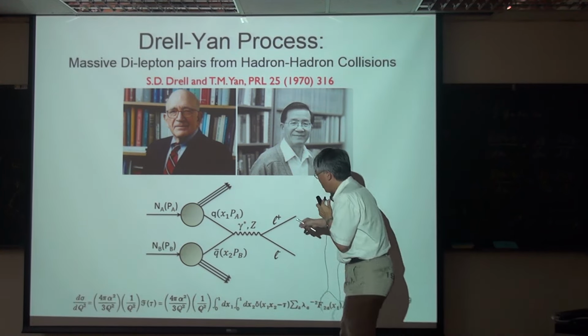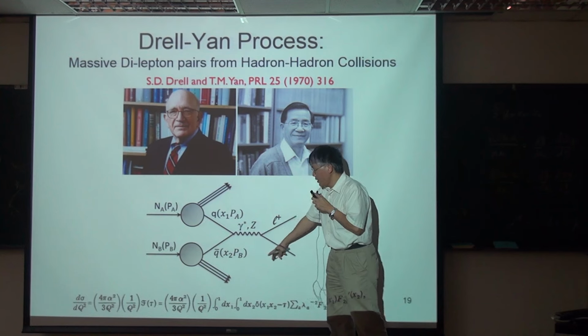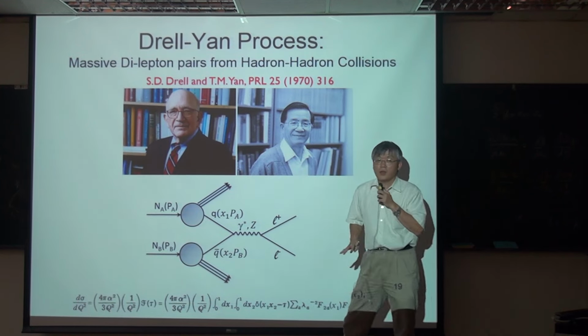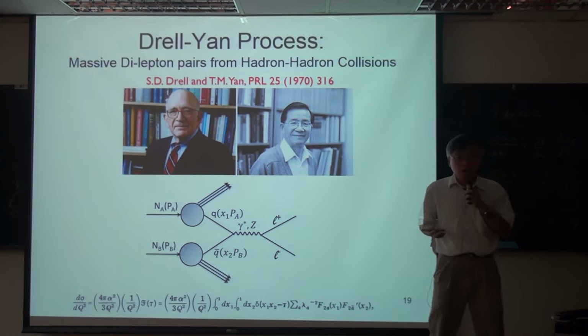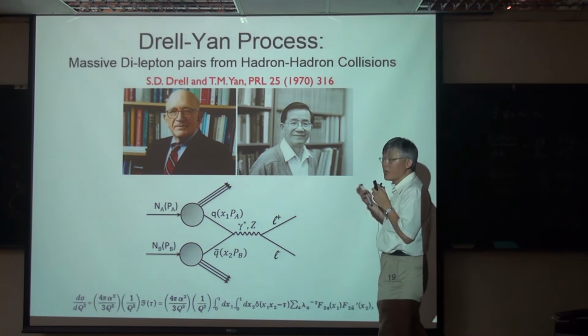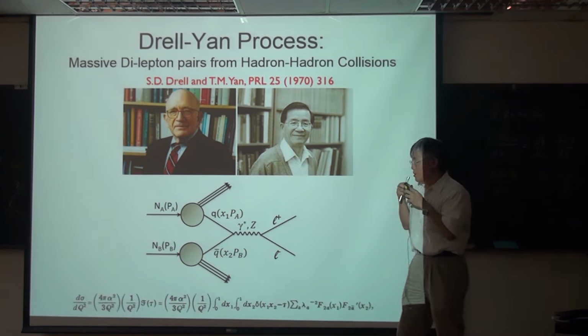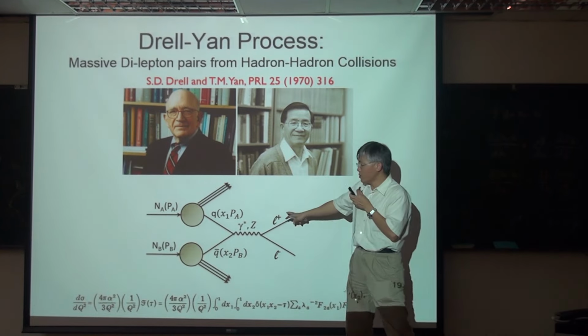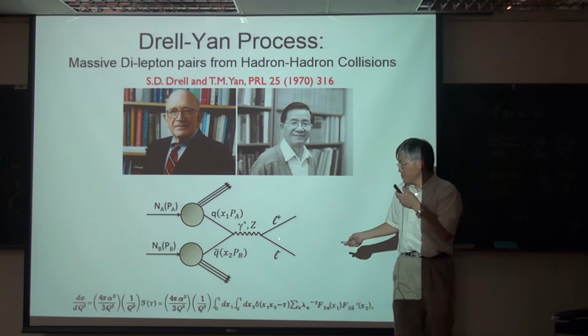One of the good things about Drell-Yan is that this lepton can only interact with the environment through the electromagnetic interaction instead of the strong interaction. That makes the experimental detection rather clean.